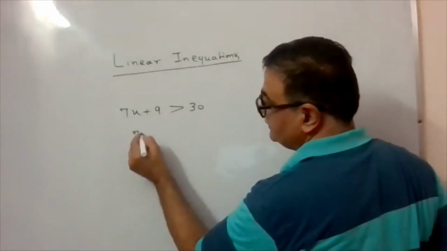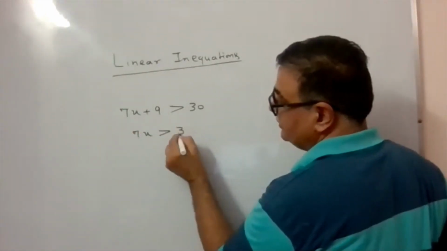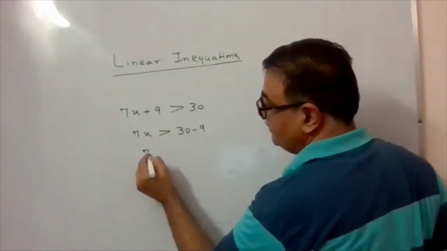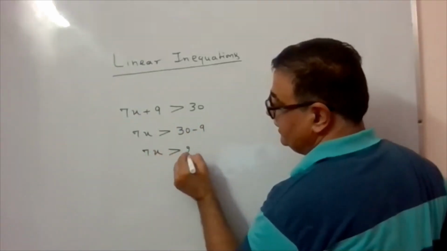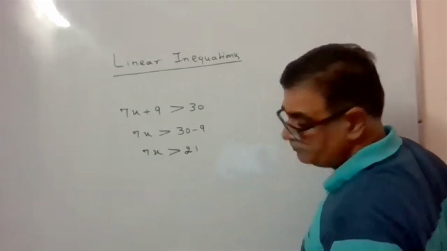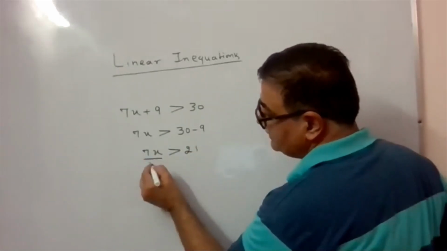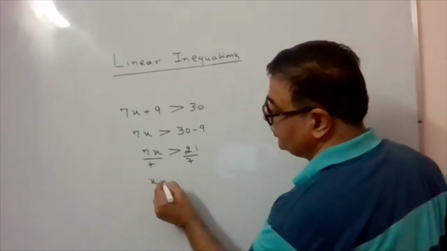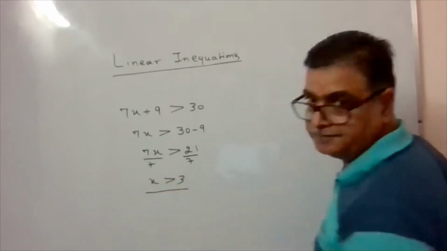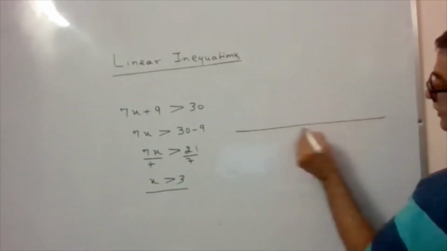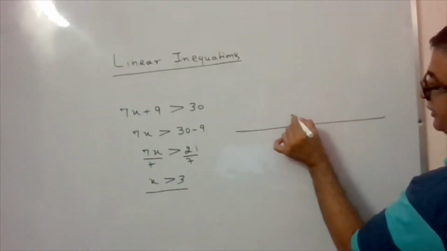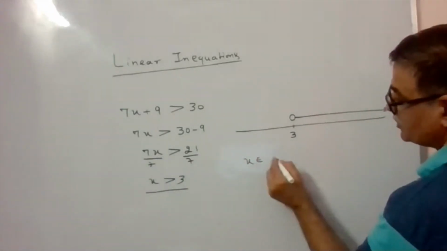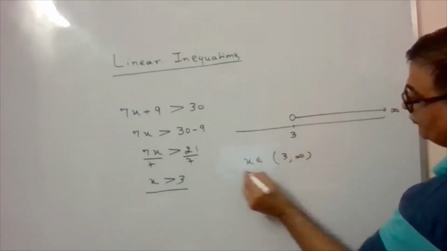We should write this as 7x greater than 30 minus 9 first. Then I will write 7x is greater than 21. And now if I divide by 7, that is a positive number, so no problem, so x is greater than 3. And if it is greater than 3, it means 3 to infinity, 3 is not included, going till infinity. So x belongs to 3 to infinity.